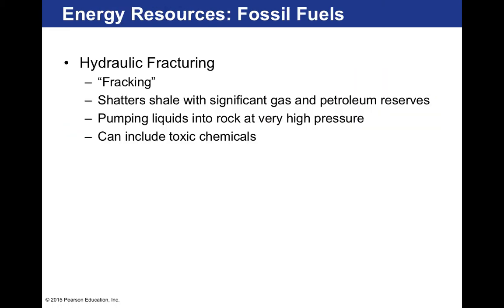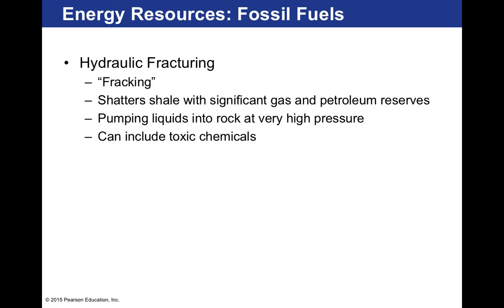The last slide here is a different method of extracting natural gas from metamorphic rock and sedimentary rock. And it's very controversial. It's called hydraulic fracking. If you're from Pennsylvania, you probably know what this is. Essentially what they do is, instead of digging a well that just taps into the resource, they drill a relatively small hole relative to the size of a well hole.